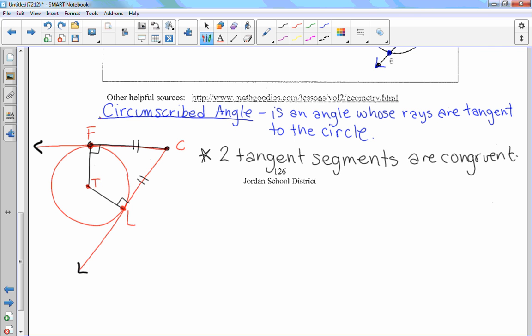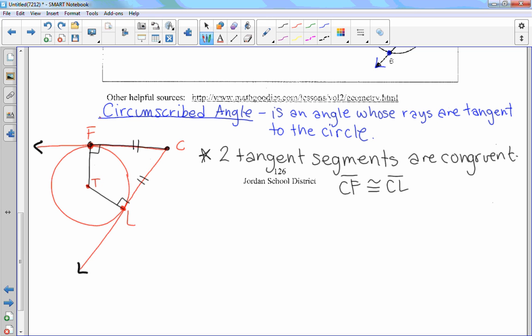Johnny, write this down. CF, that tangent segment, is congruent to, who can tell me the other segment? Okay? CL. I put parallel. That's not supposed to be parallel. Congruent is the symbol I need. To CL. Okay?